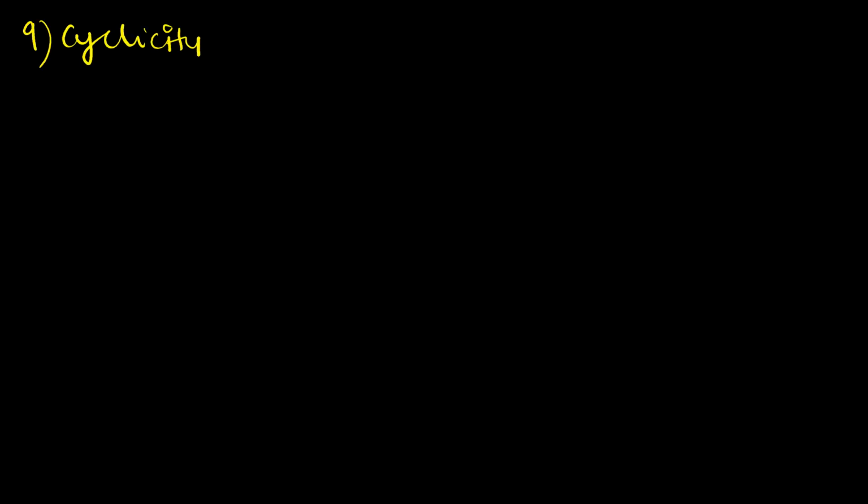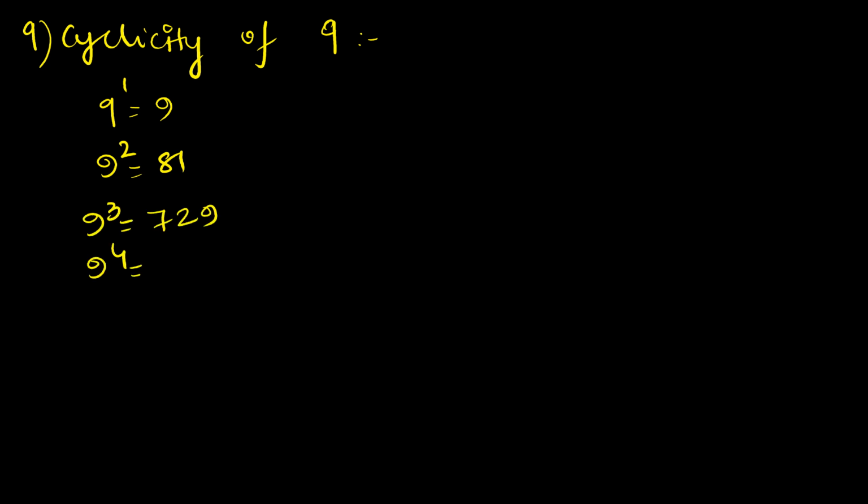Cyclicity of 9. This is similar to 4. That is 9 raised to 1 is 9. 9 square is 81. 9 cube is 729. 9 raised to 4 is 6561. Here the unit digits are 9 and 1.